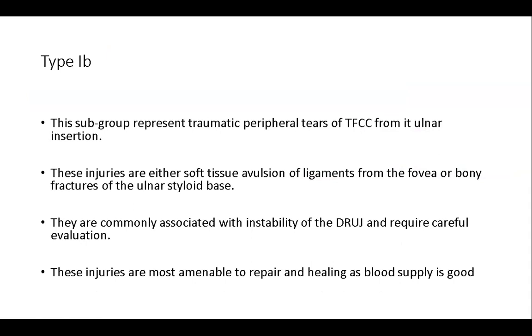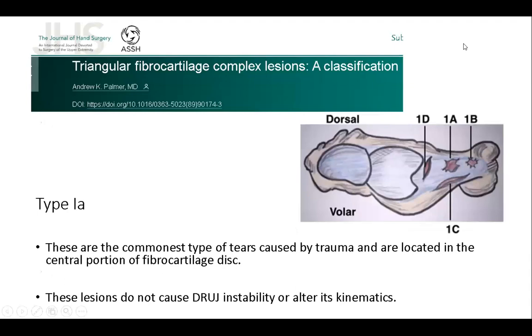These injuries are either due to soft tissue avulsion of ligaments from the fovea or bony fractures of the ulnar styloid base. Hence it is associated with instability of the DRUJ, and careful evaluation is mandated. These injuries are more amenable to repair as blood supply is good at the periphery. So this is type 1A and 1B. As it is located towards the periphery, healing is very good.